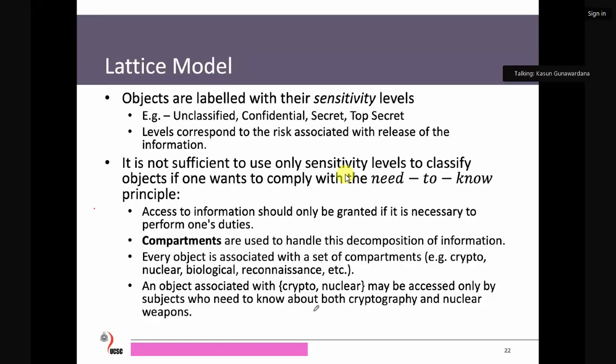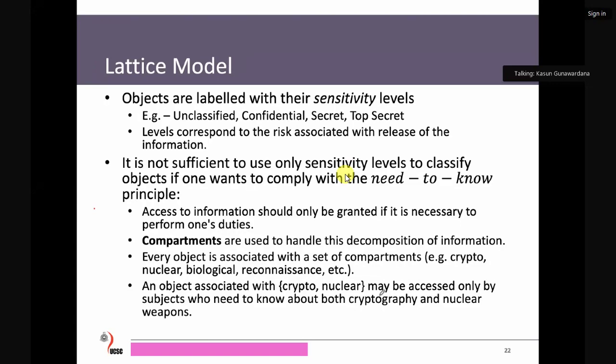As examples: crypto, nuclear, biological, recon, science. Likewise, there can be many compartments. An object associated with crypto-nuclear may be accessed only by subjects who need to know about cryptography and nuclear weapons.